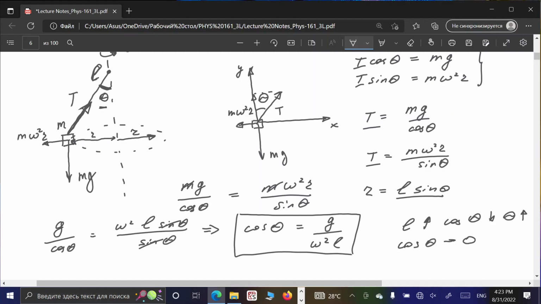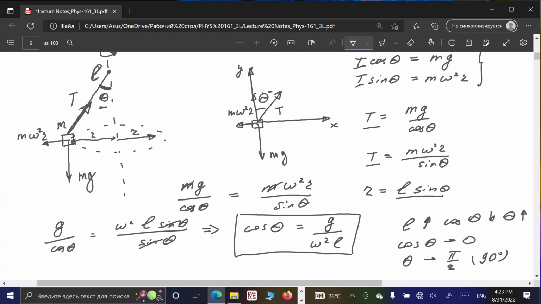And that means that theta will approach pi over 2, or 90 degrees. So it is possible to increase angular velocity to that extent that this block will go up and will reach almost 90 degrees.